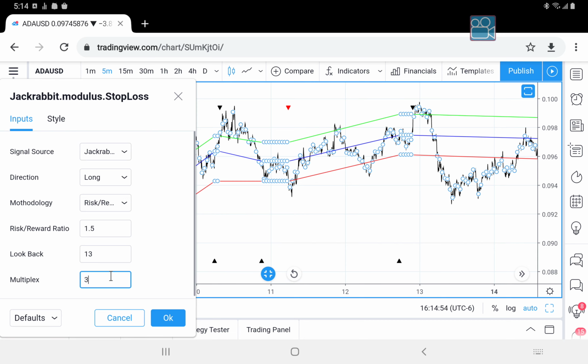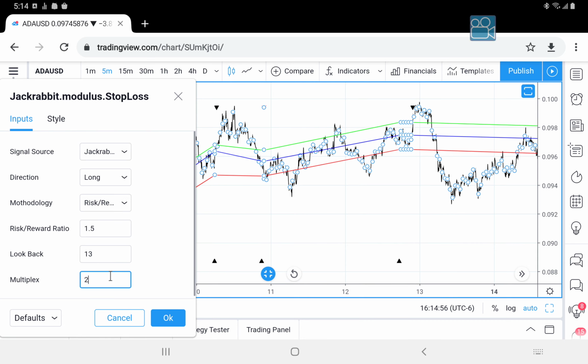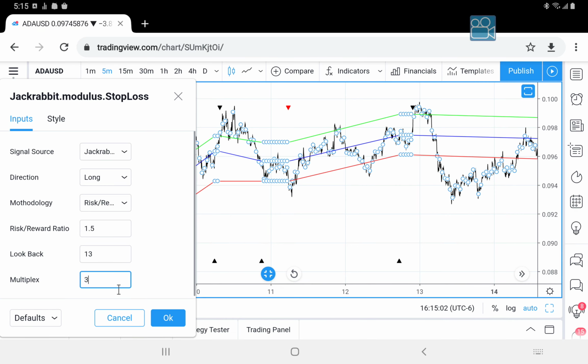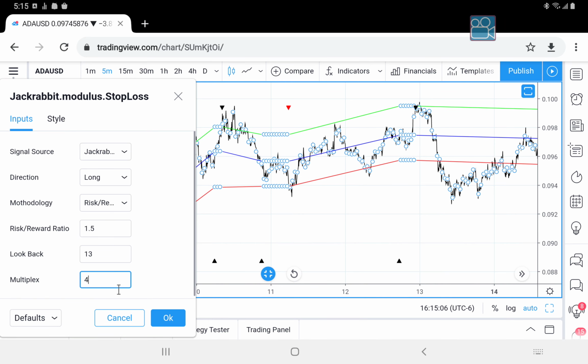For example, here you can see various possibilities that may or may not increase your probability of profits.